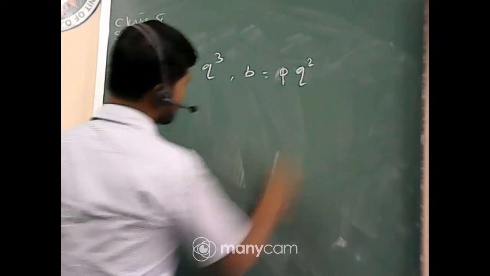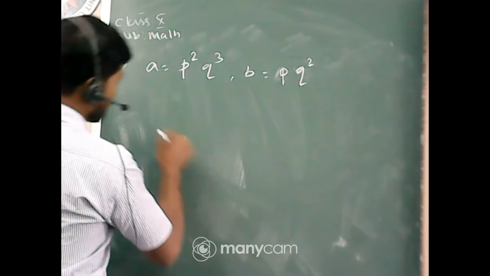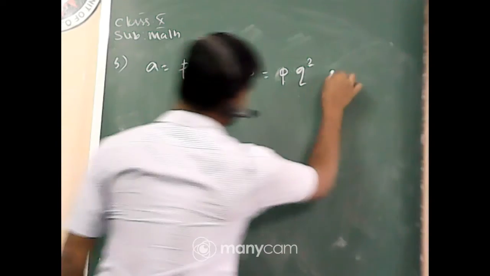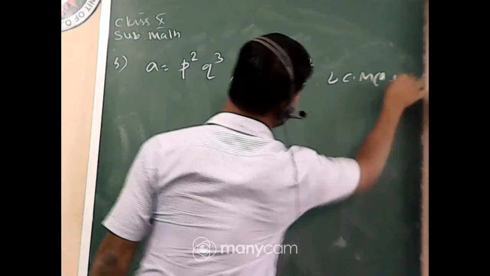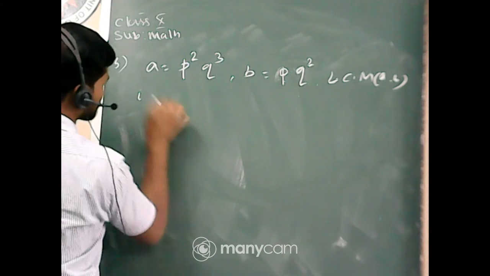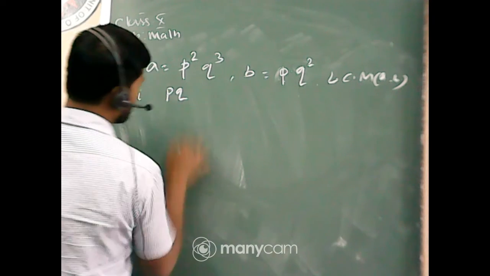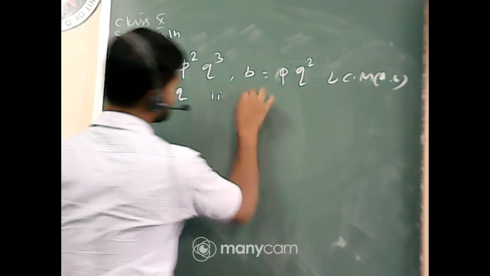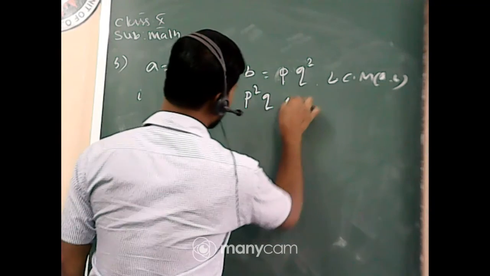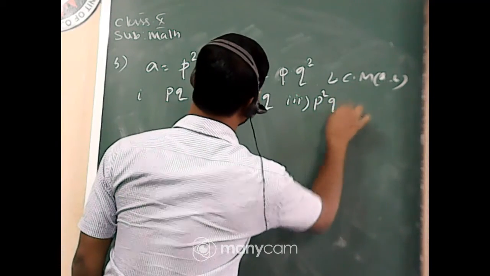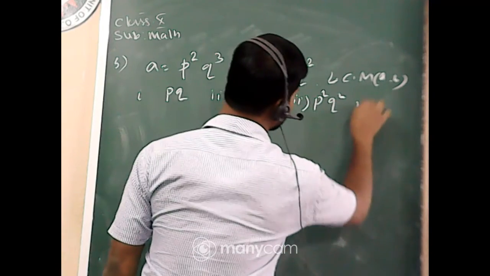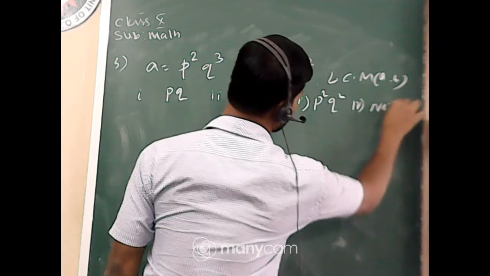What is the LCM of A and B? The options are: option 1, p into q; option 2, p square into q; option 3, p square q square; and option 4, none of this.